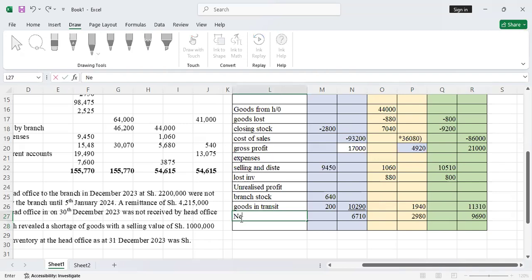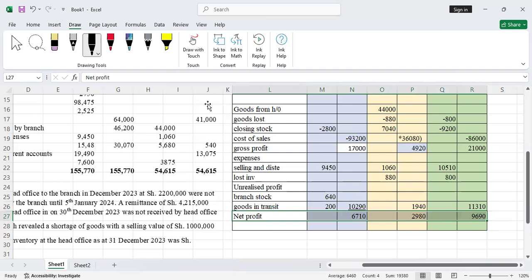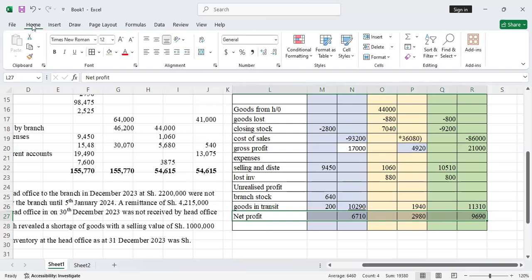That's how we get net profit. Here we are happy. We have the net profit. Nice. We are about to conclude. We are about to do the statement of financial position.